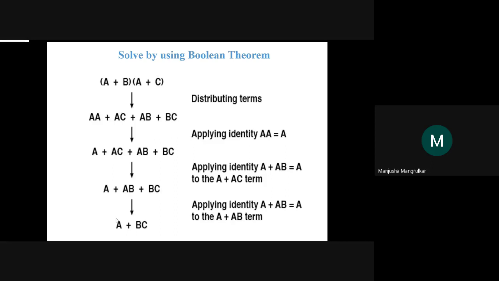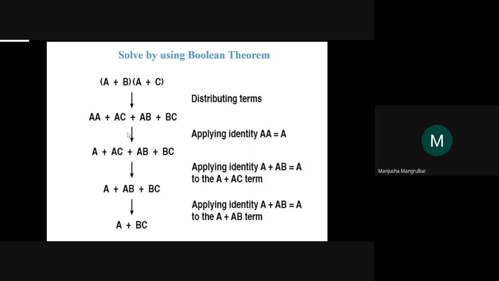So we can apply here A, and what is this? BC, right? This A is common, so we apply here the BC. So now we can say that A or B ANDed with A or C is equal to A or B and C. Hence it is proved, because we have applied these theorems to these equations.